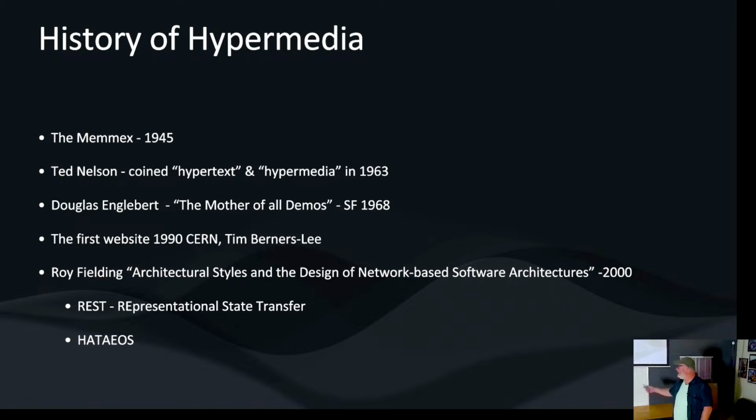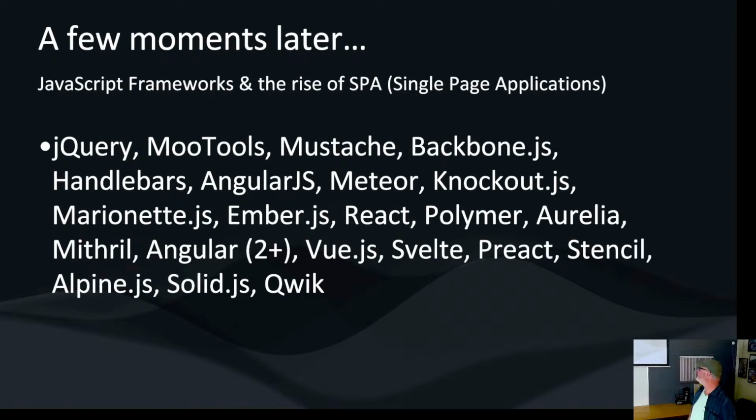Roy Fielding then wrote his PhD dissertation where he defined REST, which is representational state transfer for APIs, and HATEOAS, which is hypermedia as the... oh lordy, I am forgetting things. I will get back to that.